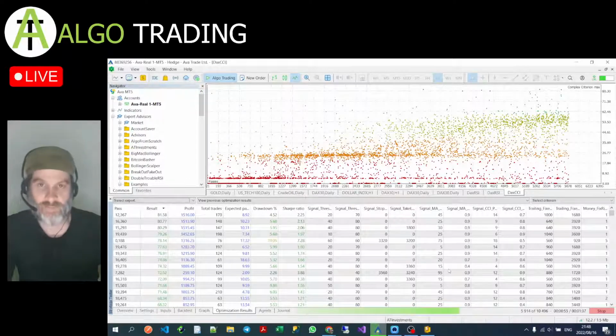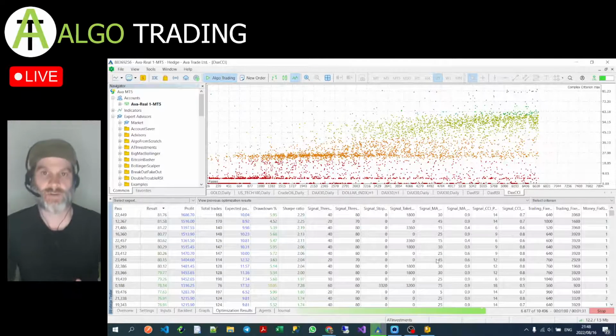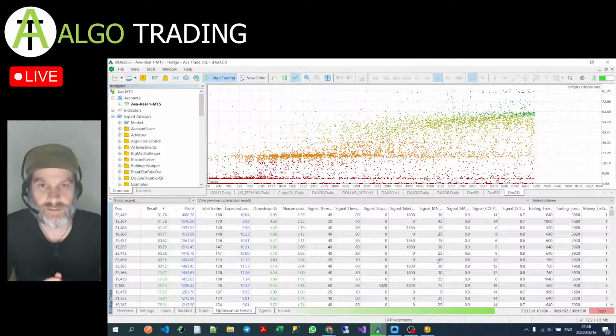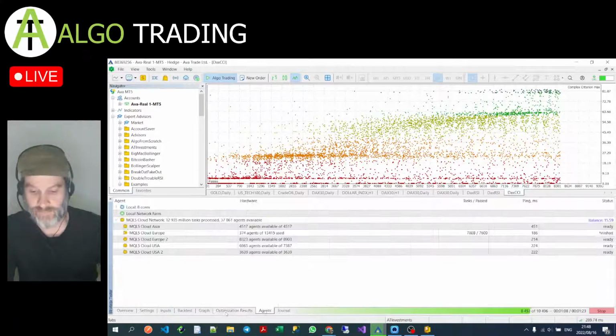Still not massive profits, but if you got an algo that's generating you 20-30% per annum, that's decent with low risk. It's pretty decent if you ask me.